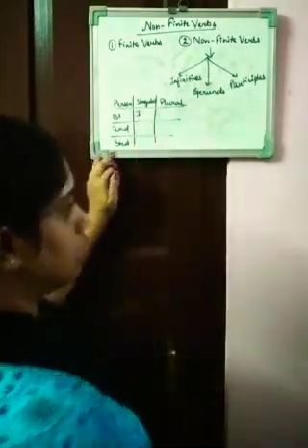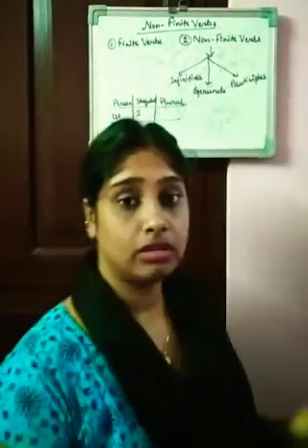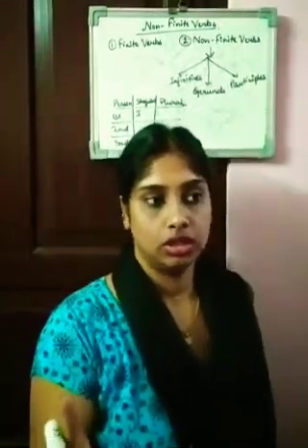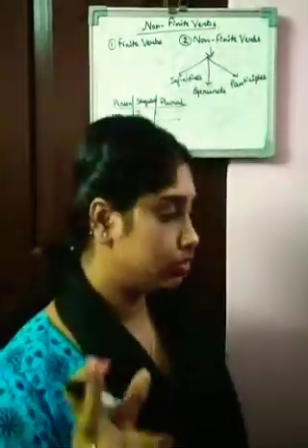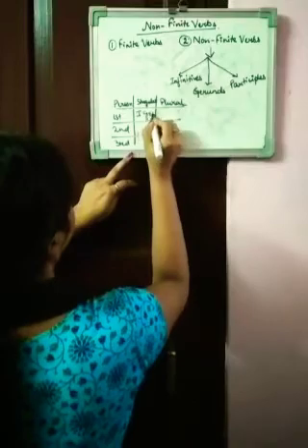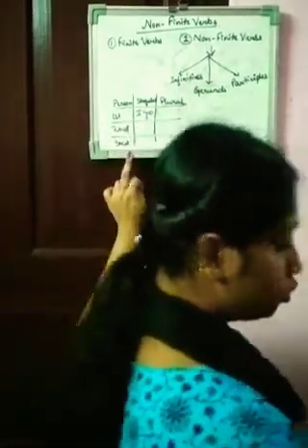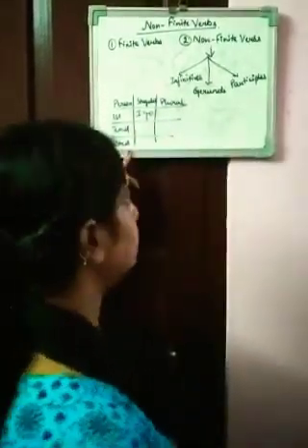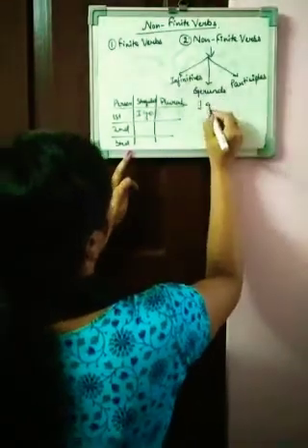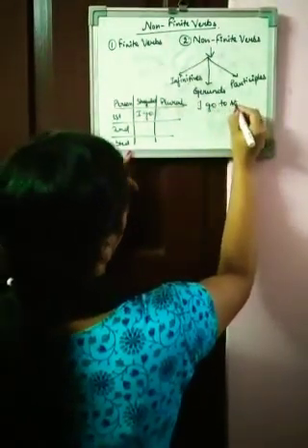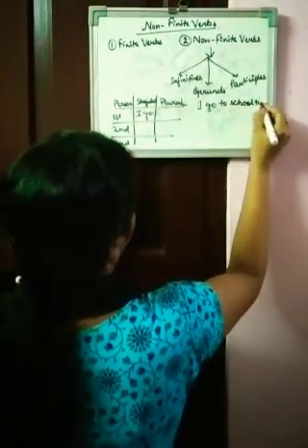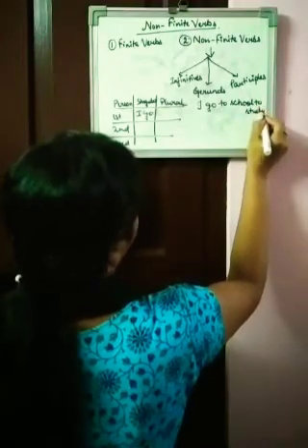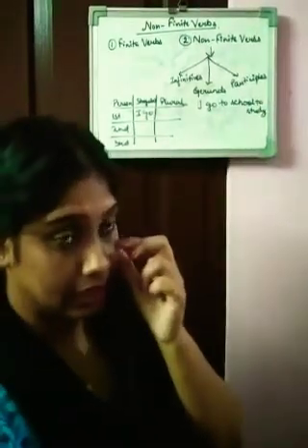Now let's take one example. It is already mentioned in your chapter also. You just see your page number 53. The very first example which is given there, just see that. It's written, I go to school to study. This is the sentence.